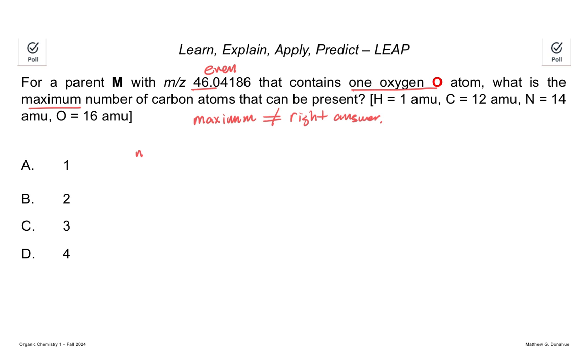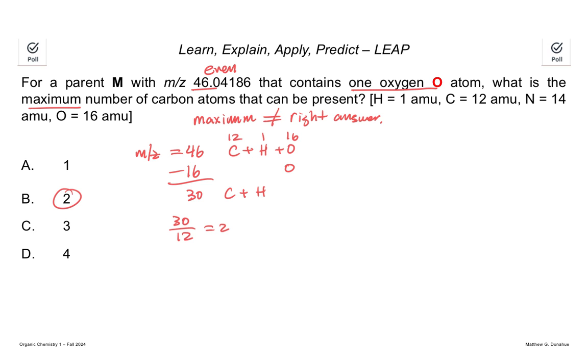So let's run through this. M plus Z equals 46. So that's C plus H plus O based on what we're told. 12, 1, 16 atomic masses. We're told there's 1 oxygen. So we get 30 remaining for C plus H. So 30 divided by 12, again, that's going to get us 2. So the answer is B. 12 times 2 is 24.